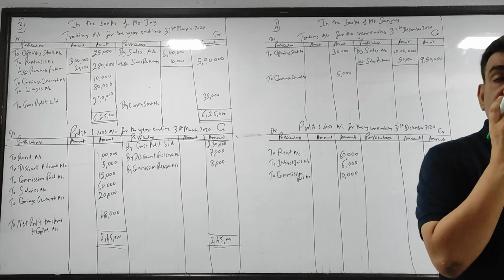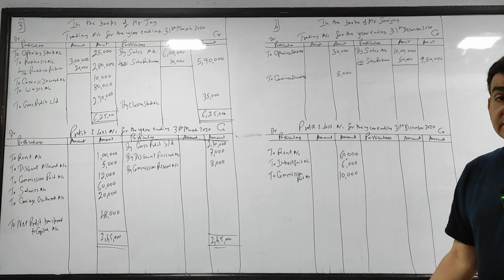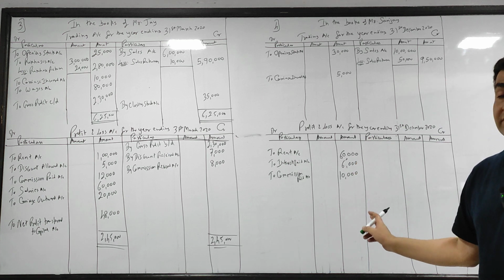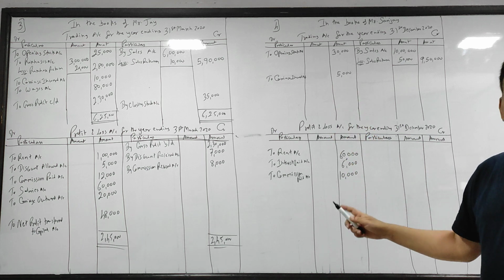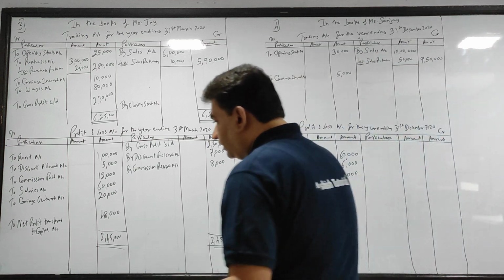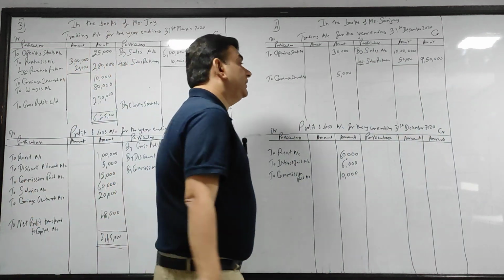To commission or commission paid 10,000. Commission, only commission means sales commission, indirect expense. If they tell you commission on purchases or buying commission, then it is a purchase expense and will be debited to trading account.